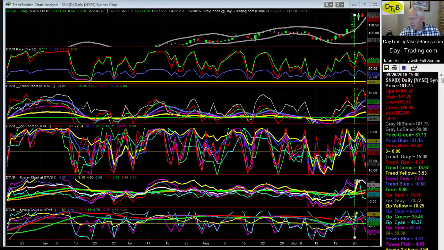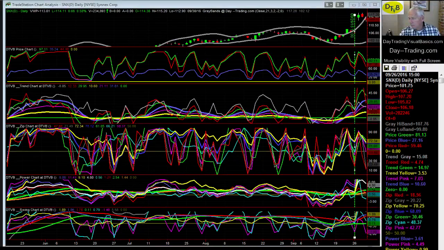We have zip Zion is down touching 0. Over here it's actually just a little bit under, it's at 48 something. And we have the power yellow down touching the power green in this area.